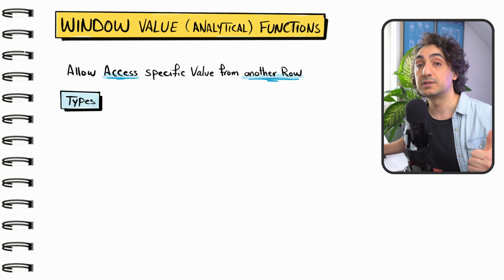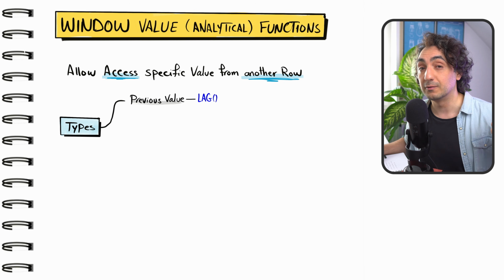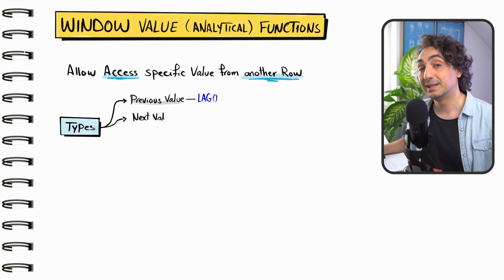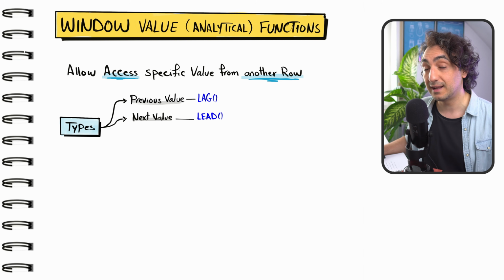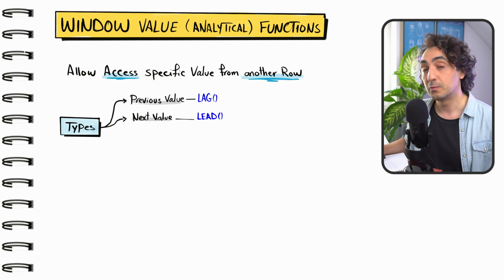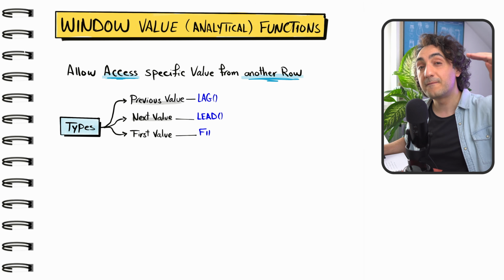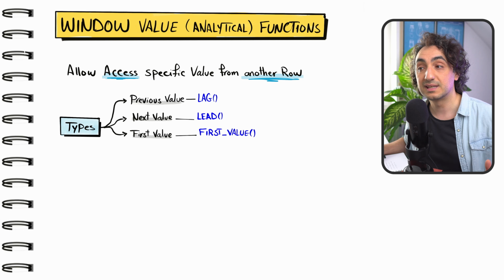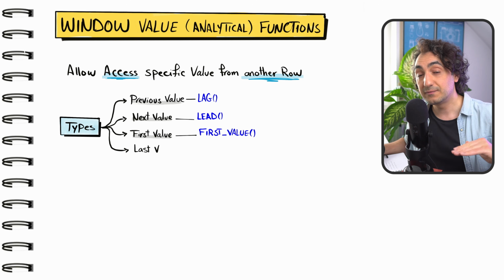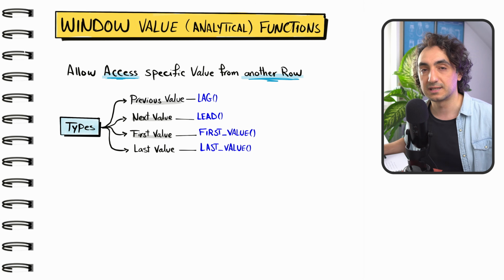The first one allows you to access the previous value, like the previous month, using the LAG function. The next one allows you to access the next value, the next month, using the LEAD function. Then another one allows you to access the first value in a subset using the FIRST_VALUE function, and another option is to access the last value in a subset using the LAST_VALUE function.